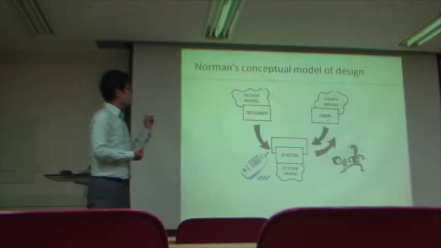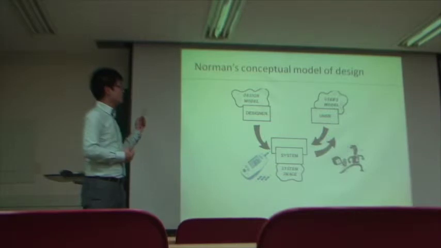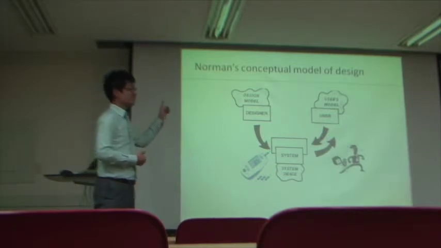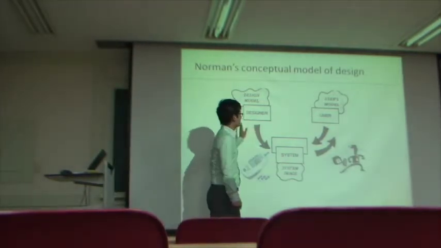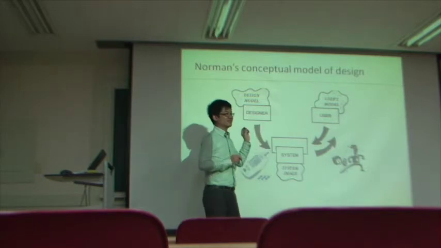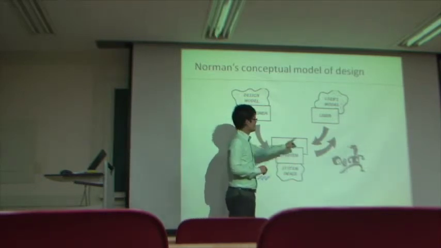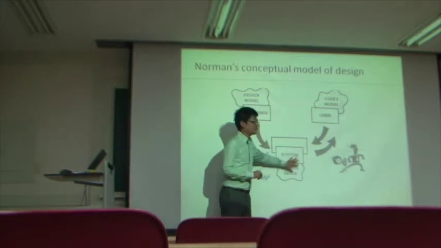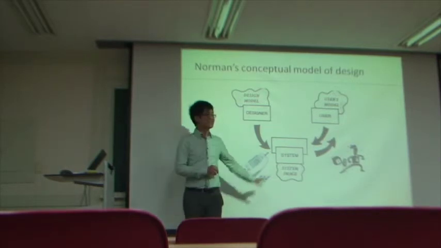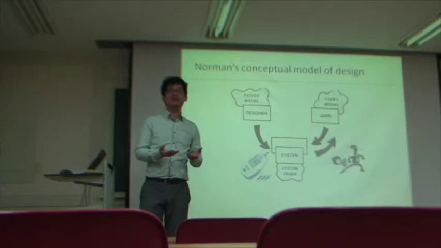I think it's good that you keep this model in mind whenever you do your design, since the only way designers and users can communicate is through the system image. These 2 people have different mindsets, different concerns. This is the only part that they can communicate. So you have to be very careful about the image, the things that you present in front of your clients or customers.